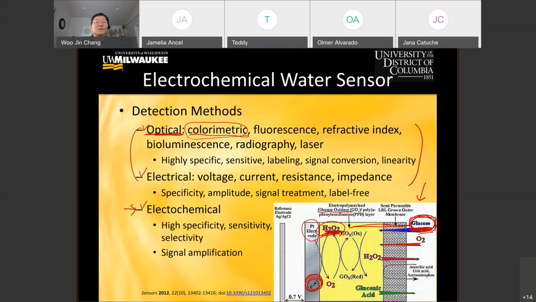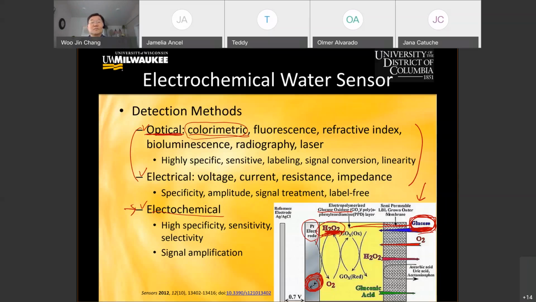But an electrochemical reaction always involves the generation or consumption of electrons. So we can just simply measure the potential or some electrical properties related to the reaction. That is another major advantage of this electrochemical approach.